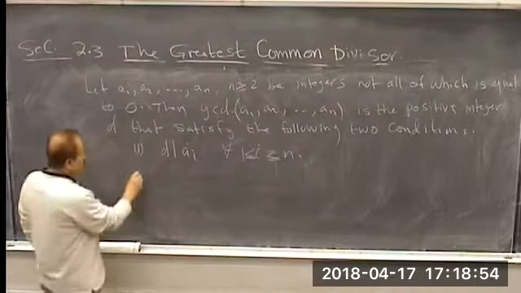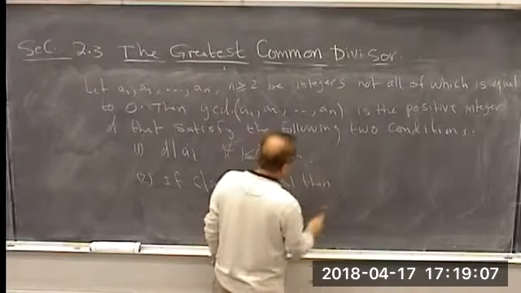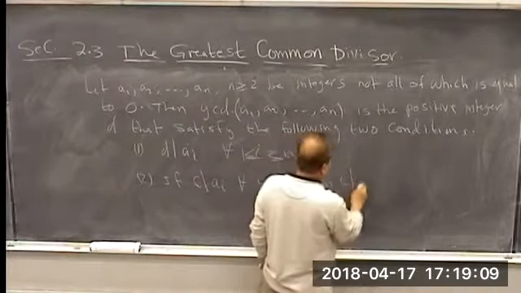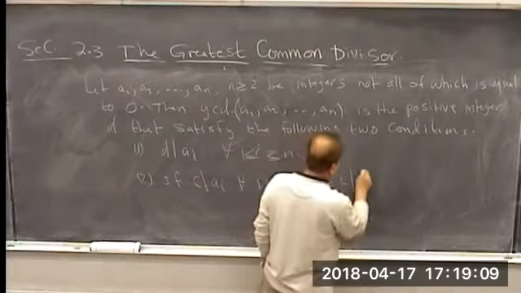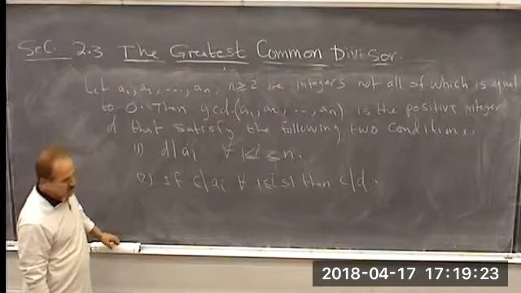Two, if C divides AI, again for every I between 1 and n, then C divides D. All right, or you could define it as the common divisor of all AIs, and it is the largest positive common divisor, the largest among all positive divisors of the AIs.